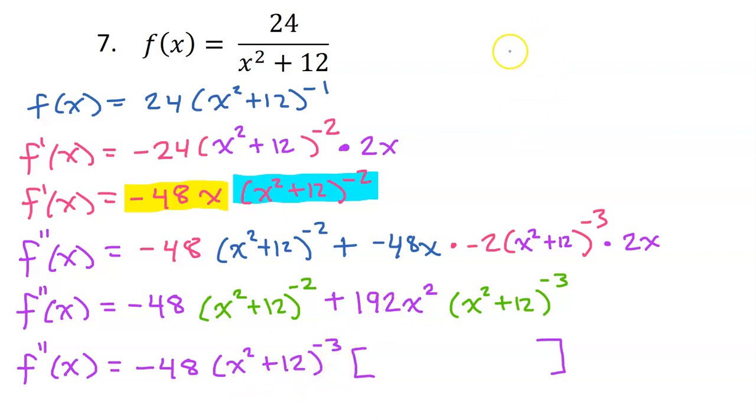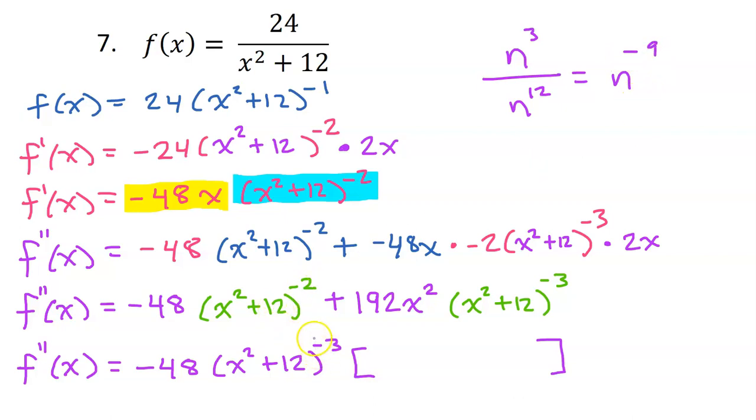So remember, when you divide like bases, for example, if I have n to the third power divided by n to the 12th power, you subtract the exponents. So this would be n to the negative 9 power.